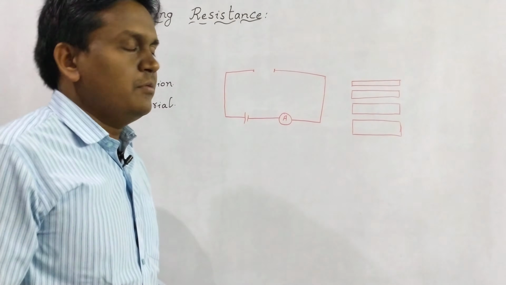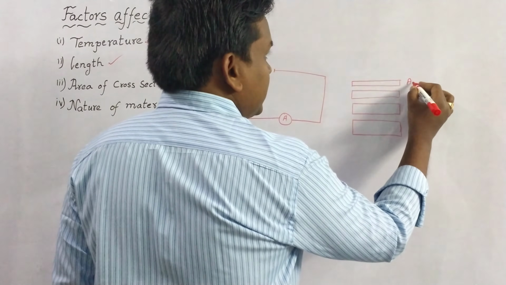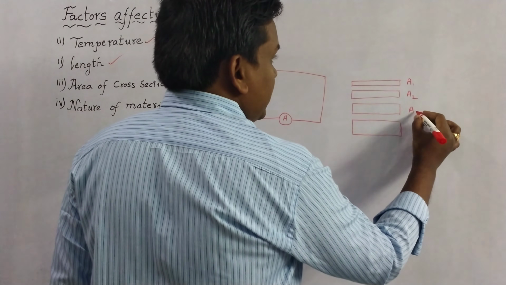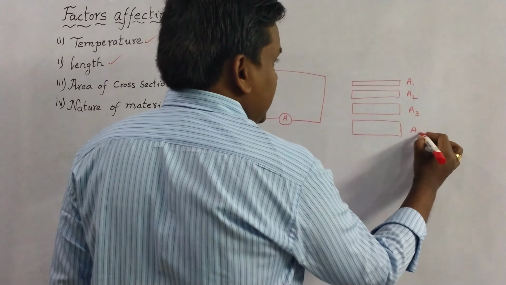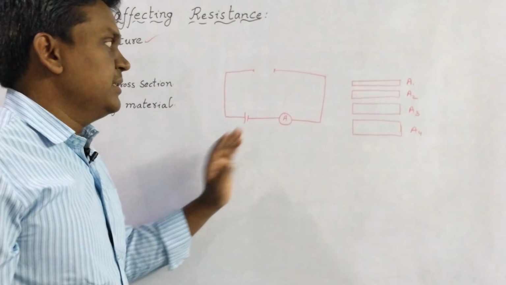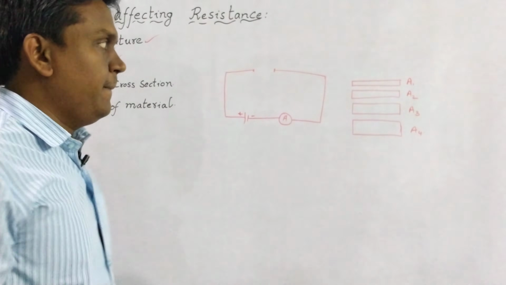So like this 4 materials we are taking. This may be made of iron. So this has an area of cross section A1, area of cross section A2, area of cross section A3 and area of cross section A4. And now in this circuit we will place them one by one.